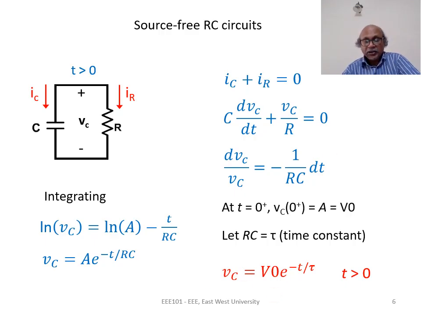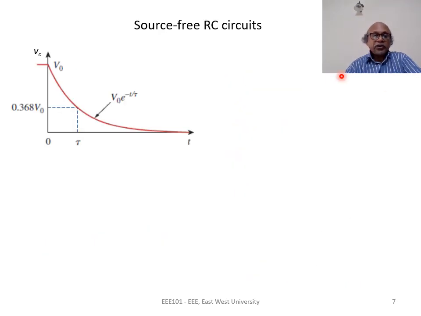In other words, between t equal to 0 and t equal to infinity, the capacitor voltage decreases from V0 to 0. How is the variation? That variation is shown in this graph. It decreases like this, and this is a very well-known curve which is known as the exponentially decaying function. This function has many practical applications in mathematics and in electrical engineering.